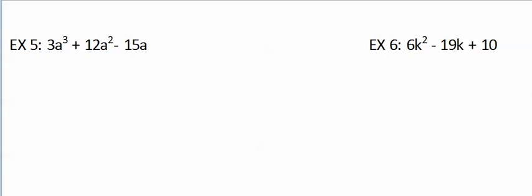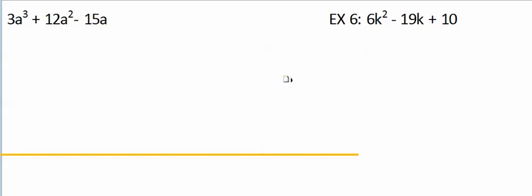A few more examples. 3a cubed plus 12a squared minus 15a. This is a little bit different because we see that we have a cube here as our exponent, and we have a coefficient of 3.